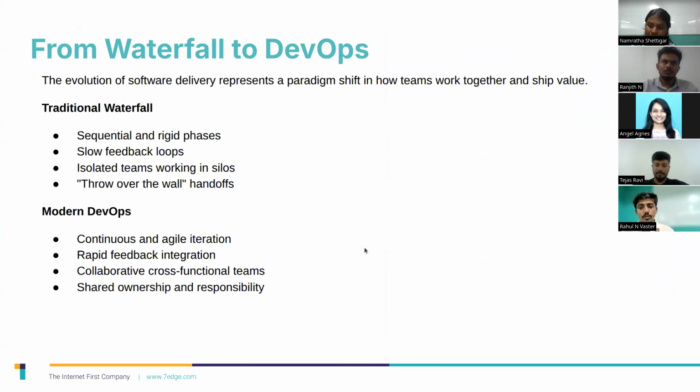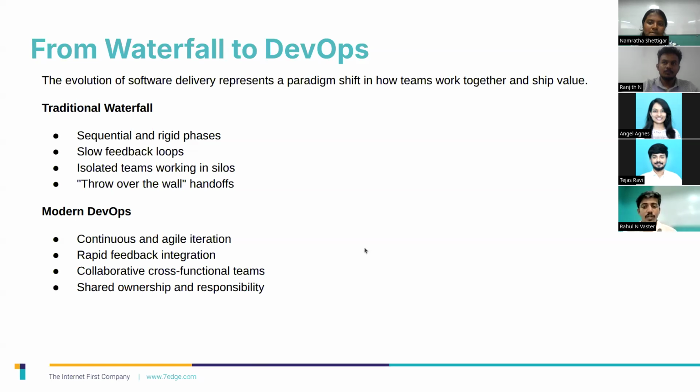The teams would build an entire application end to end, design, develop, and test, and only after everything was completed would it finally move to production, where the operations team would take up the ownership of moving the application live. You can see the problem there: slowness, rigidity, and a disconnected way of working.